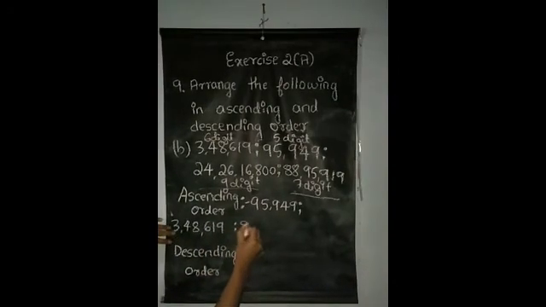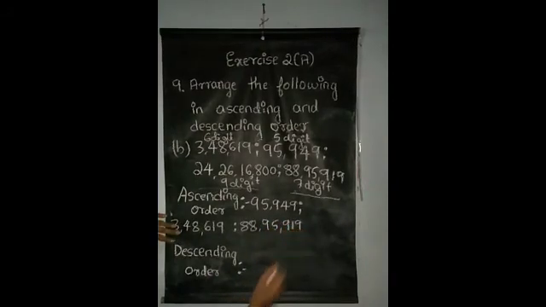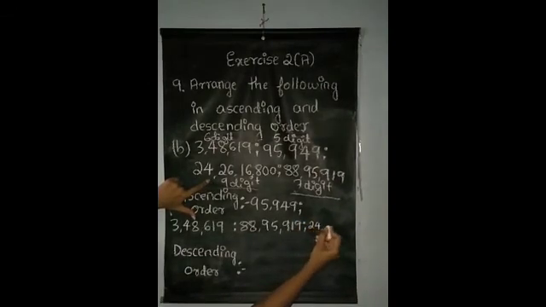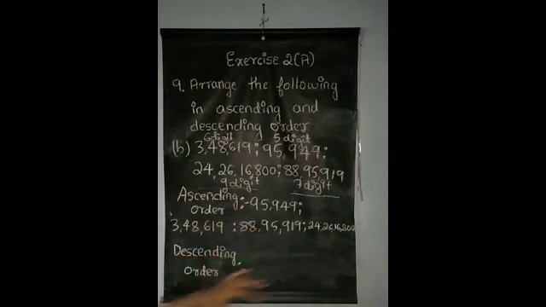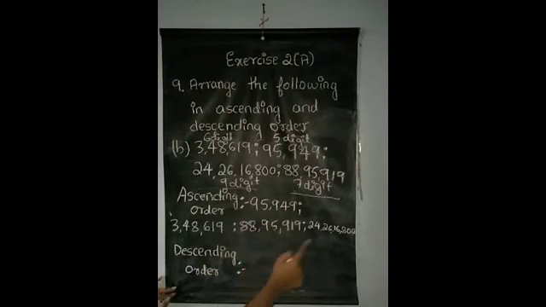So I will take 88,95,990. Now the remaining number is 24,26,16,800. This is the ascending order from smallest number to the largest number.